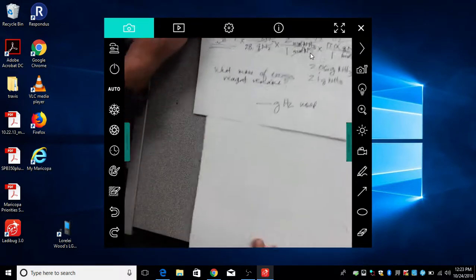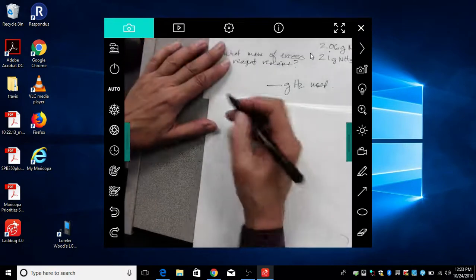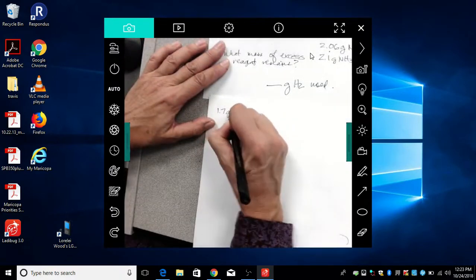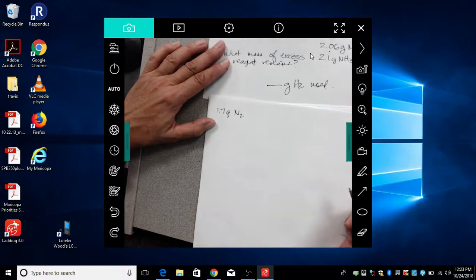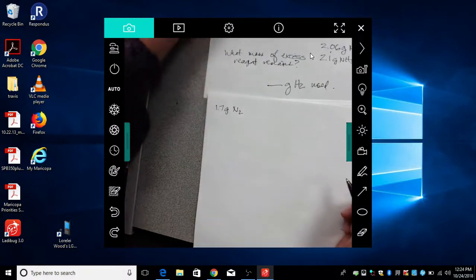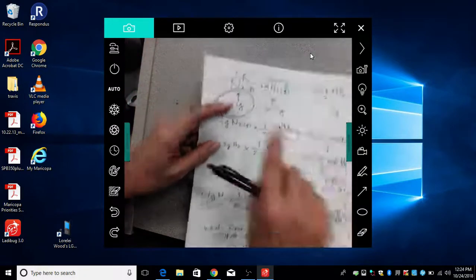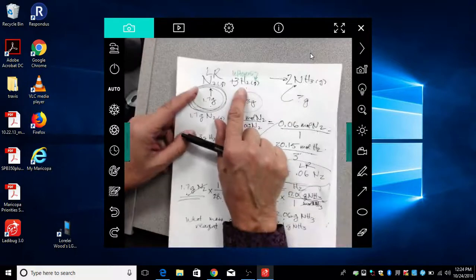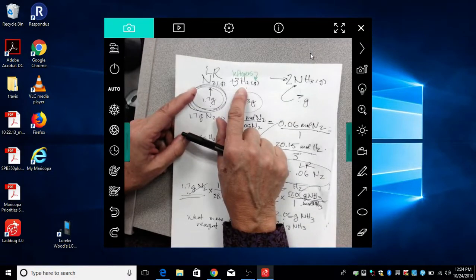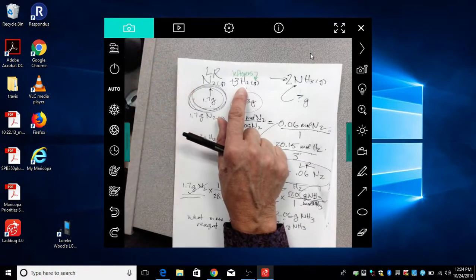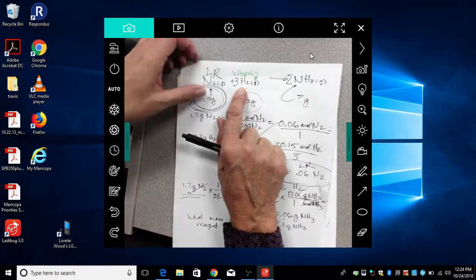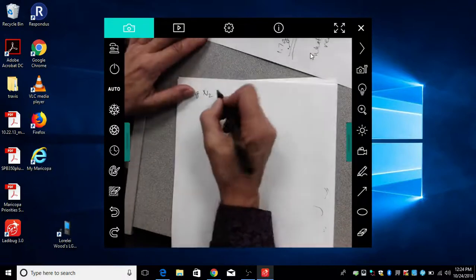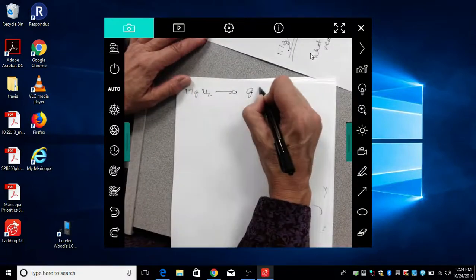The nitrogen, so we're going to start with the nitrogen. Again, 1.7 grams of the nitrogen. And we want to figure out how much of this stuff was used. So what would be my final end stoichiometric goal in this case? Grams of H2. So I want to go from grams of N2 to grams of H2.